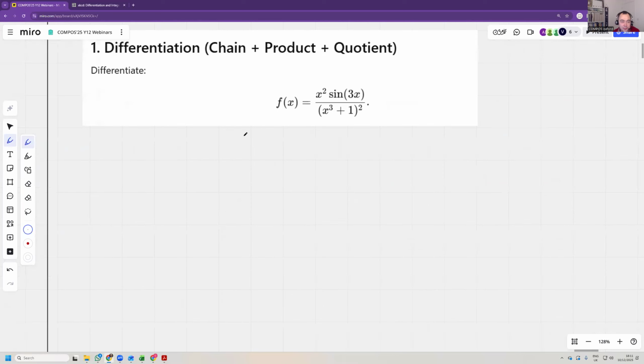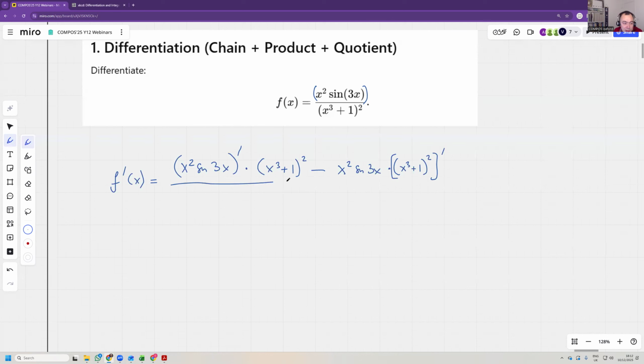So for example, here I have a quotient rule, so it's the derivative. So f dash of x, the derivative, is (x squared sine 3x) dash multiplied by (x cubed plus 1) squared, minus x squared sine 3x multiplied by ((x cubed plus 1) squared) dash.